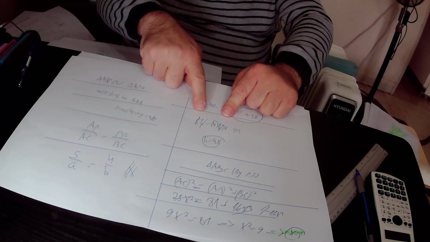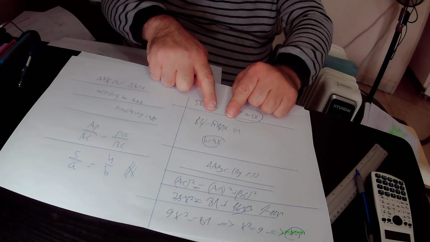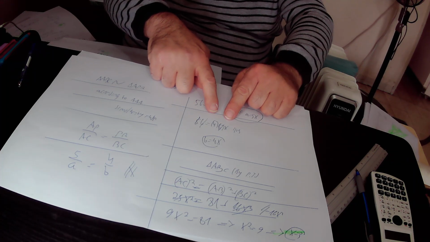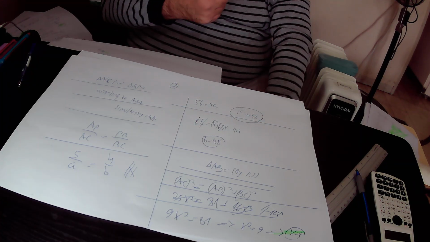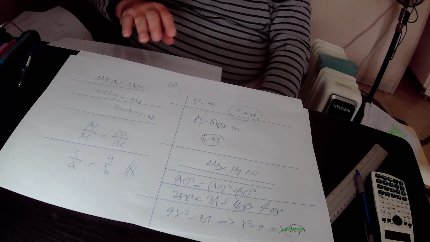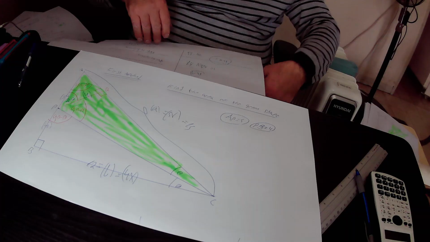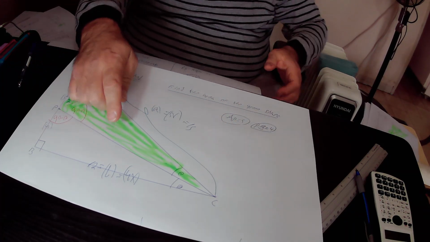After cancelling 5, on this side of the equation we are left with b, while on the other side we are left with 4x. So in total, if a equals 5x, then b equals 4x.